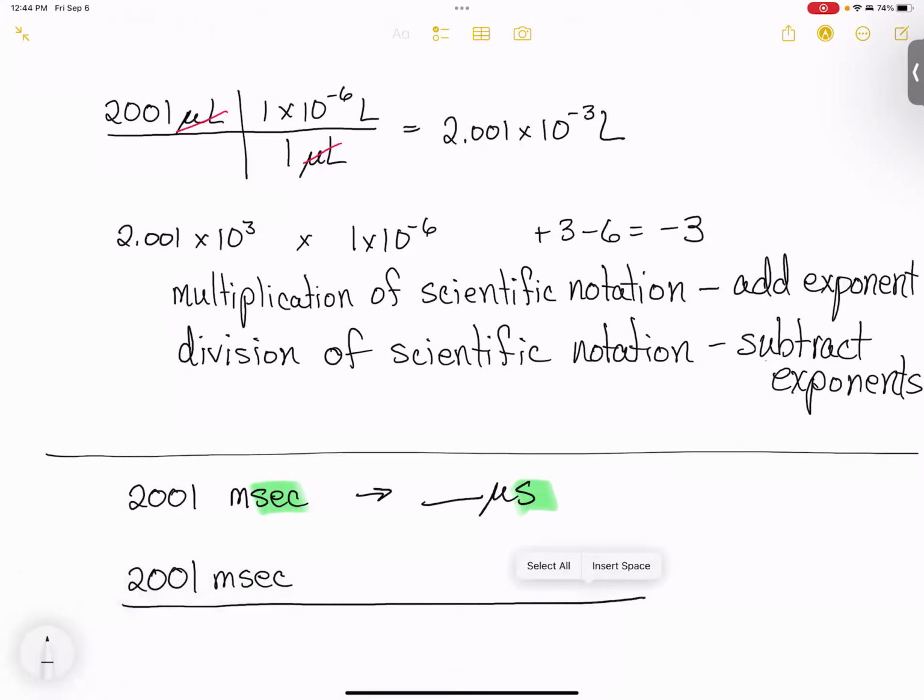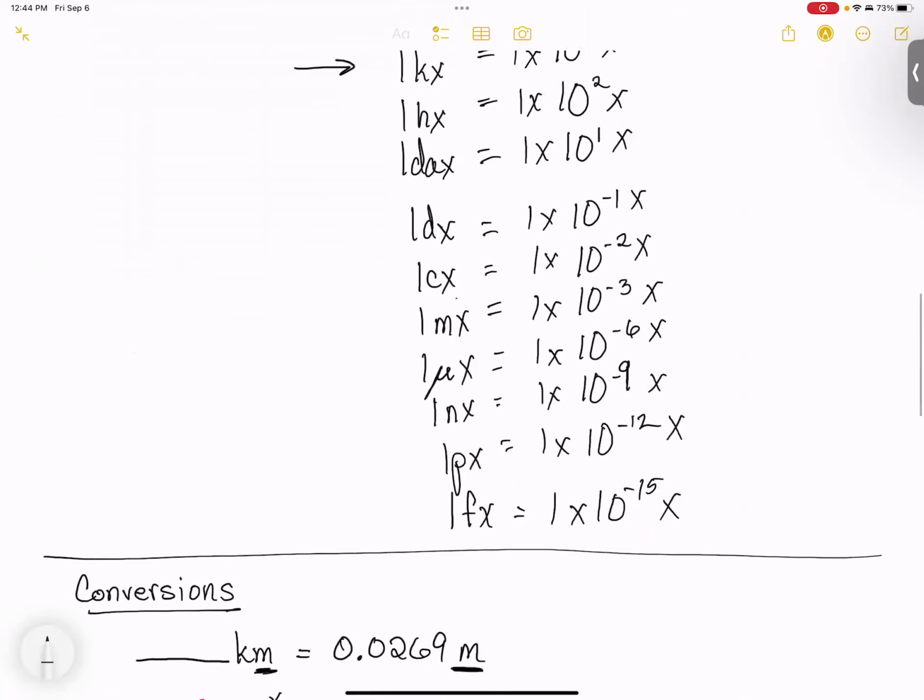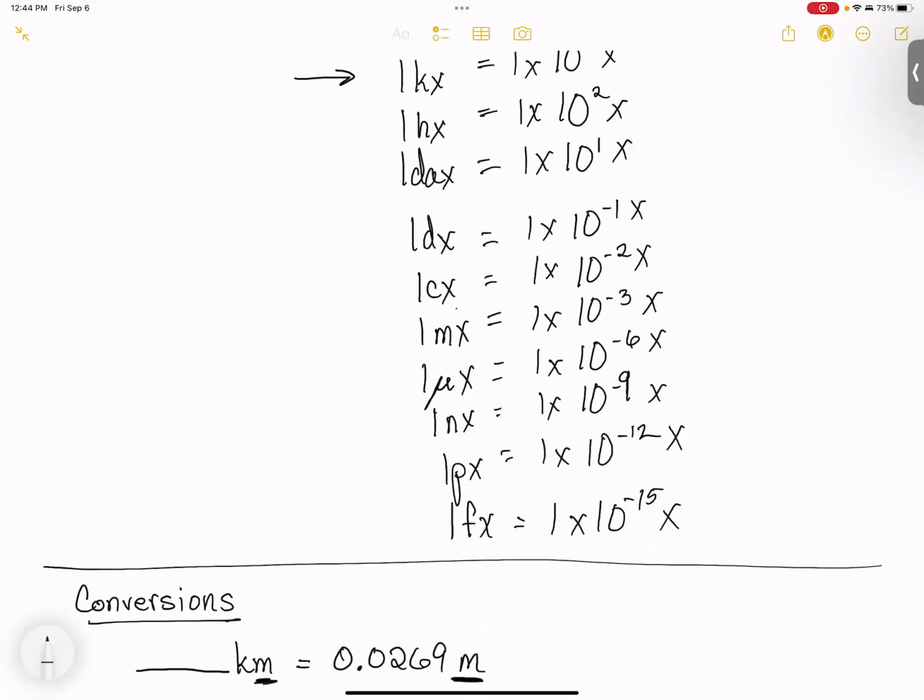Now, I find millisecond or milli anything, which is this one.